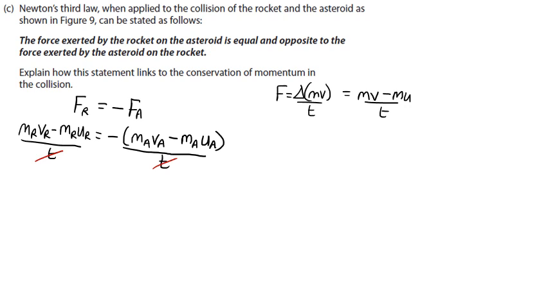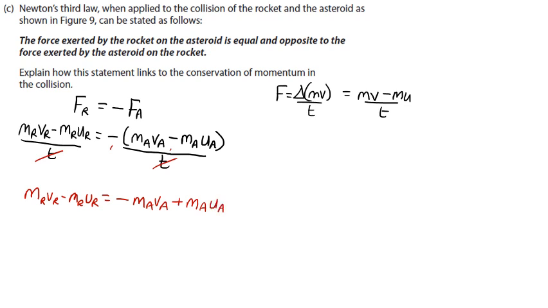And then we'll rearrange this equation. So let's just write it out again first before we rearrange. So m_r v_r minus m_r u_r is equal to minus m_a v_a, and then we've got minus minus here, so that's plus m_a u_a.